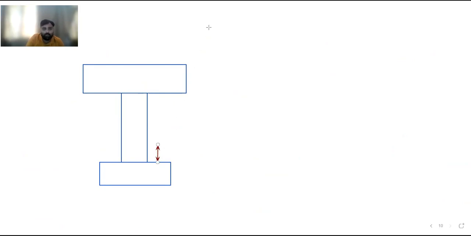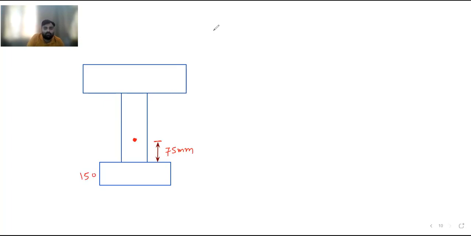So here somewhere at a distance of 75 mm, your pre-stressing is provided. Here the pre-stressing force is applied. This is 75 mm and this distance is 150 mm.